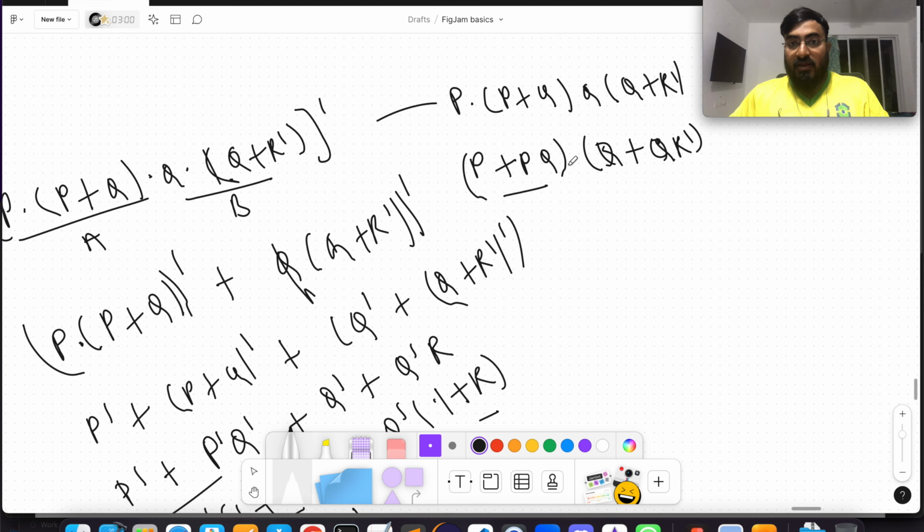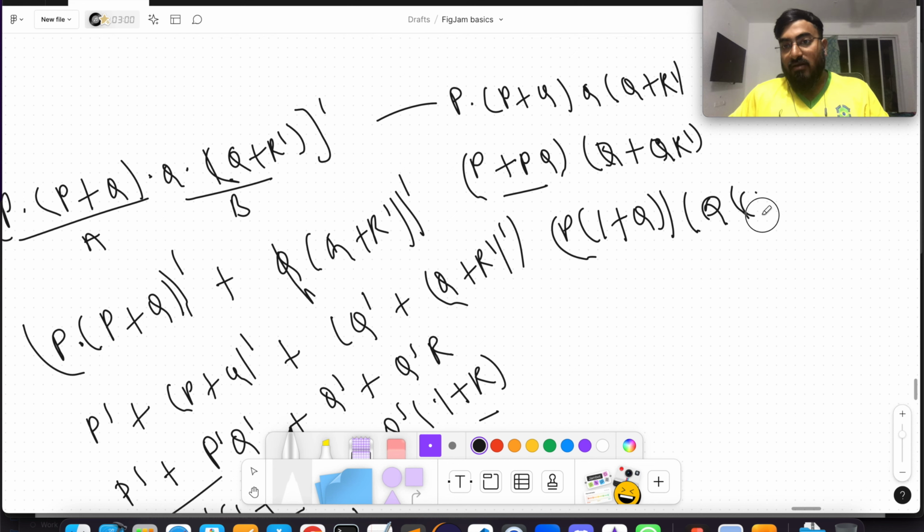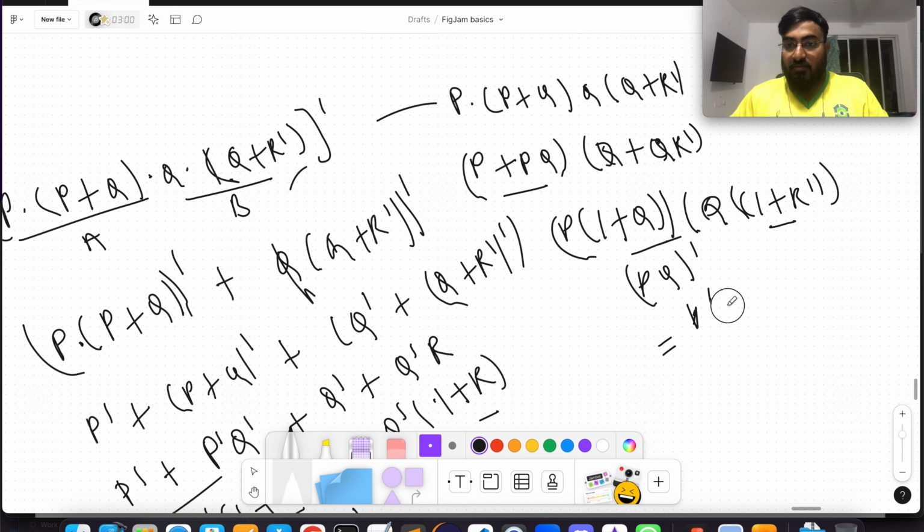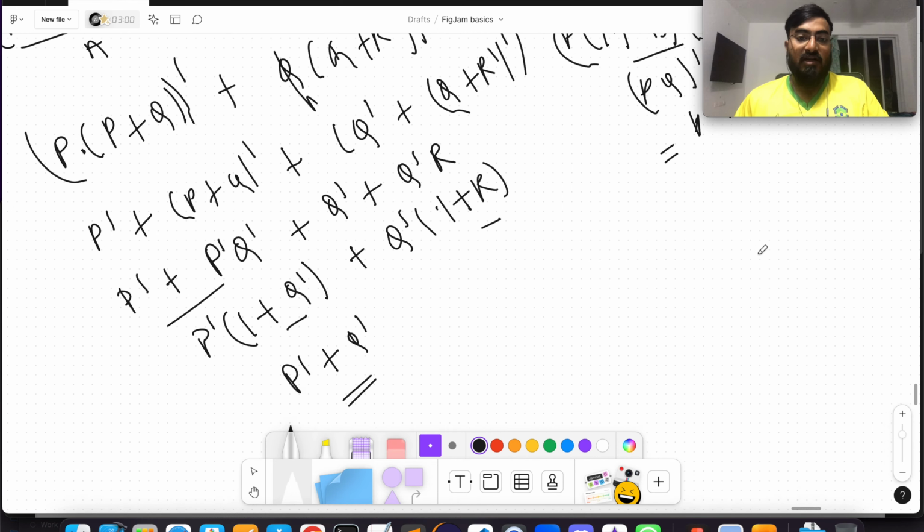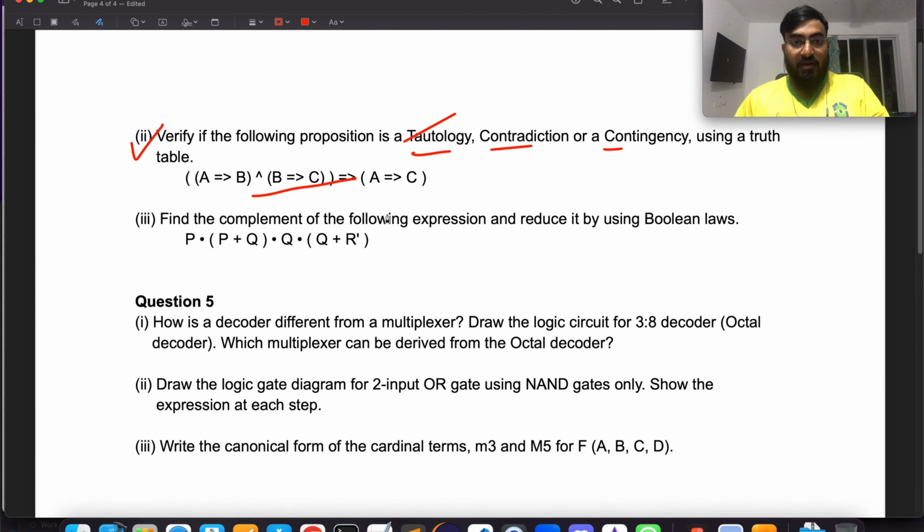Again p plus pq we can think as p(1 plus q), and this entire thing q(1 plus r bar). This is 1, this is 1, so this becomes pq. So the given expression equals pq, and when you do whole bar, it becomes (p dot q) whole bar, which is p bar plus q bar, which is the answer that we got.